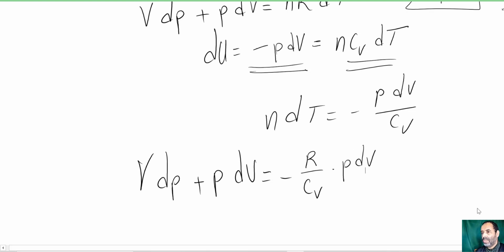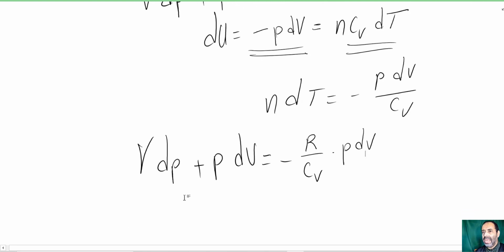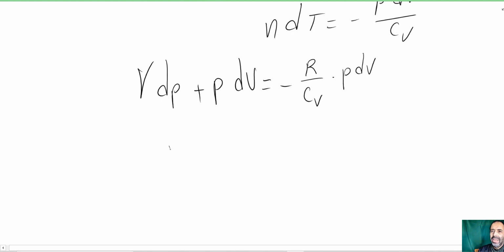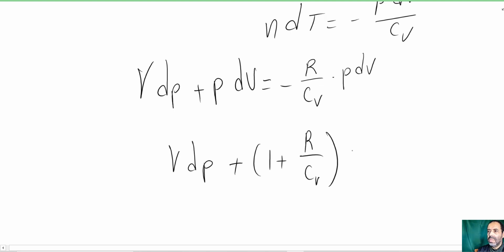That's all. So this is the expression I ended up with. Since I have PdV in here and I have PdV in here, I'm going to move them to the same side and have at the end V dP plus 1 plus R over CV times PdV equals 0.